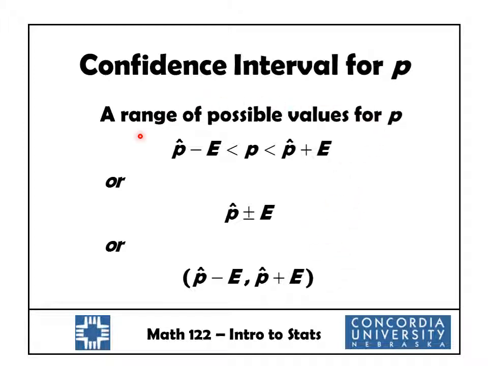The form that we like to use the most was this one here. We take P hat minus E and P hat plus E, and that gives us a range of possible values for P. So this is going to be a number, this is going to be a number. That gives us a range of possible values for P rather than just a one number estimate. Okay.